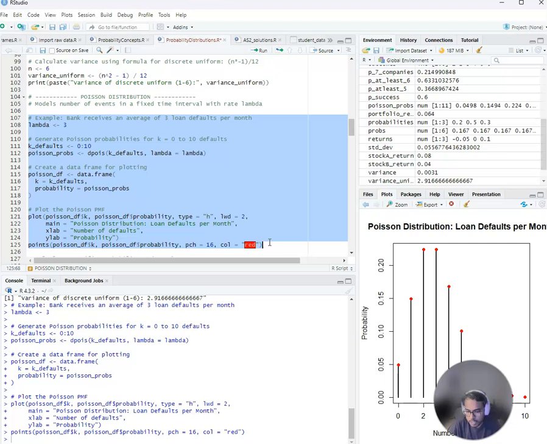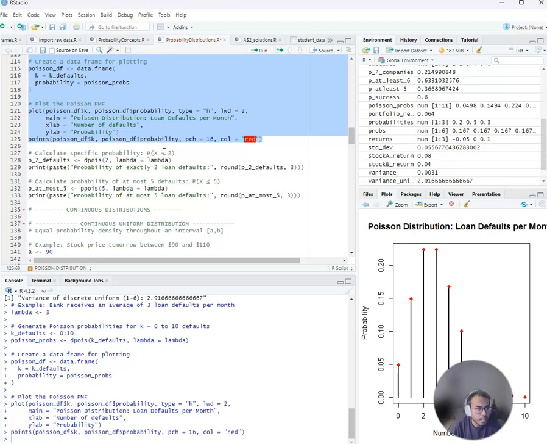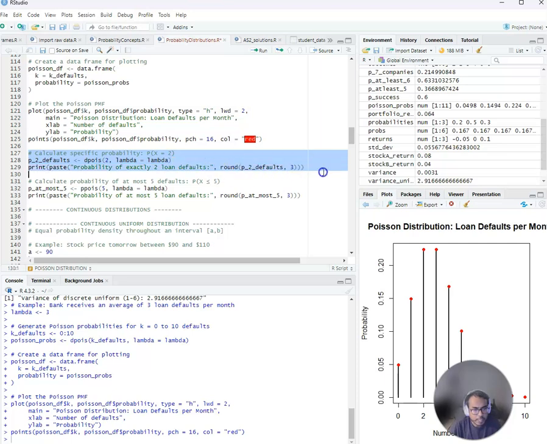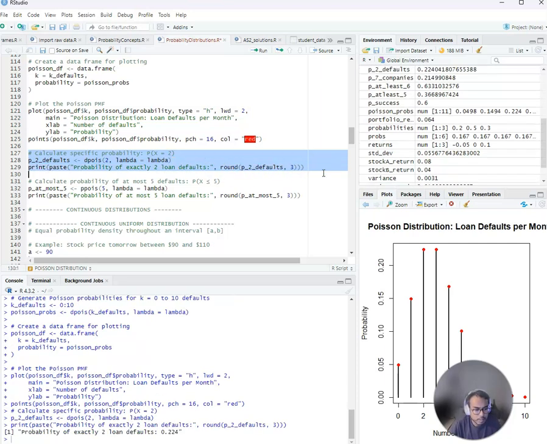And this is what it looks like. You will see that this is consistent with the table in the slides. If I want to calculate specific probabilities, I plug in that number. So the probability of exactly 2 defaults is 0.224. So this value over here is 0.224.